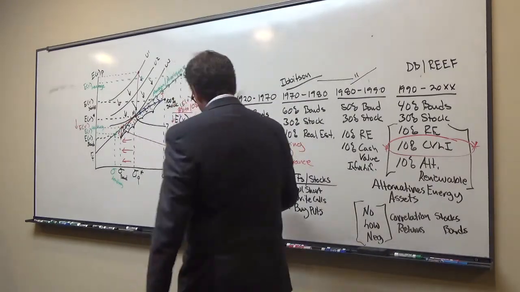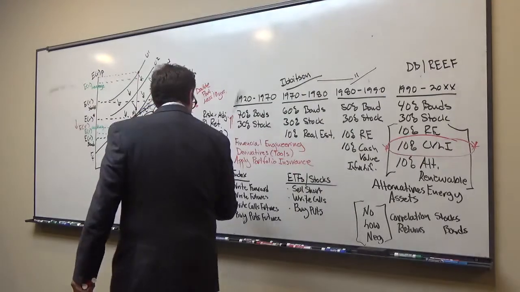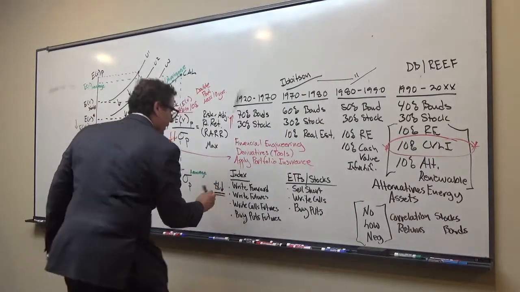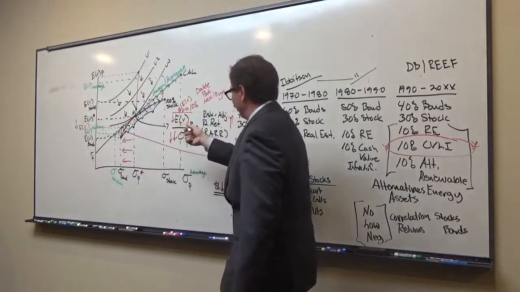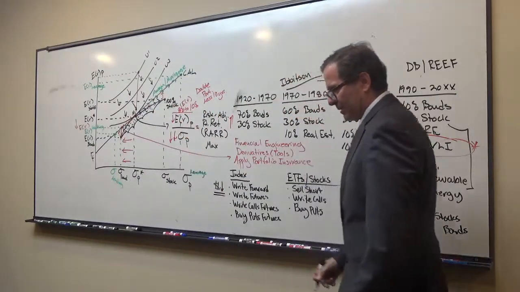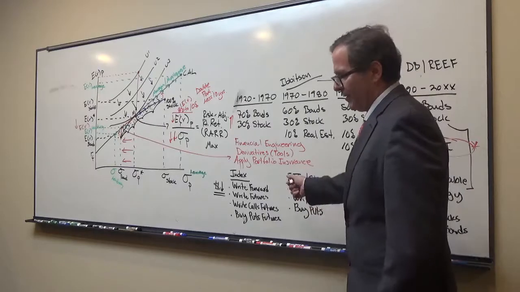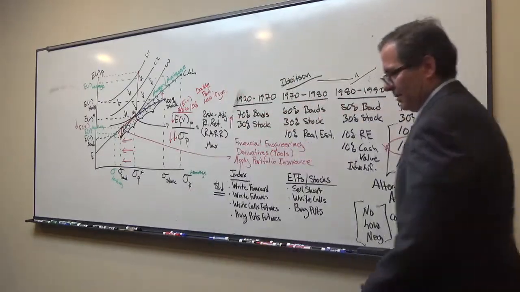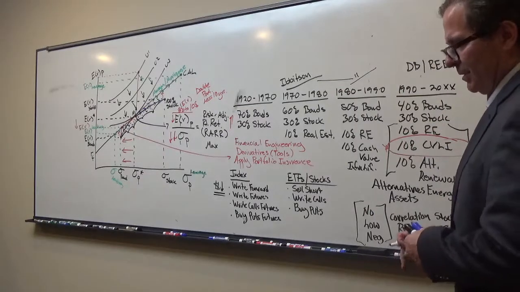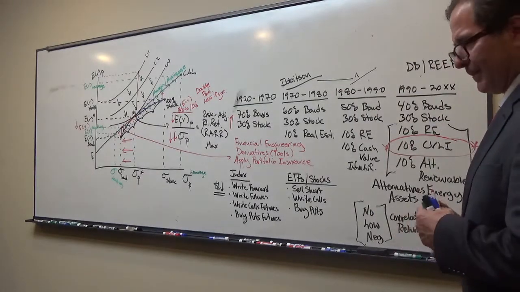And by applying these derivative trades as the tools to apply portfolio insurance, I can also build out the efficient frontier and lock in the expected return and actually increase the risk-adjusted rate of return through financial engineering as opposed to diversification. So that's the solution.